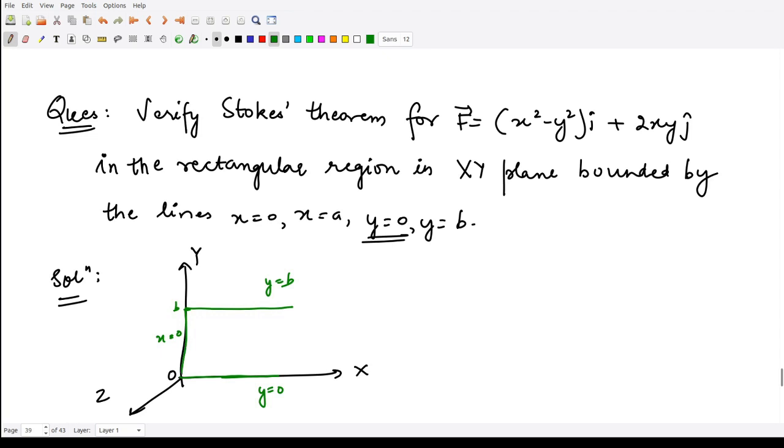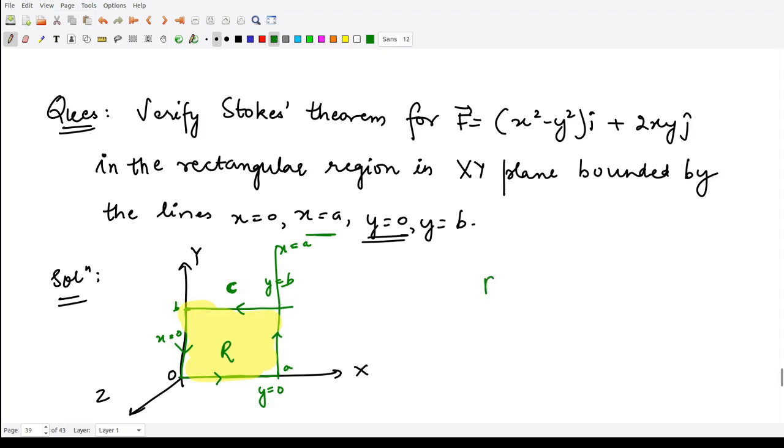And your line x is equal to a, suppose this point is a, is this line. So your region of interest here is this particular region, and the curve is defined in this anti-clockwise direction, so that its direction is taken as positive, right?